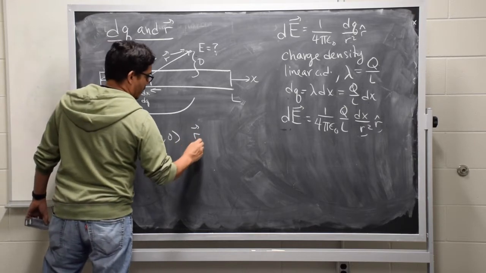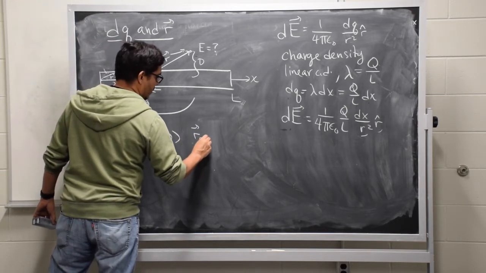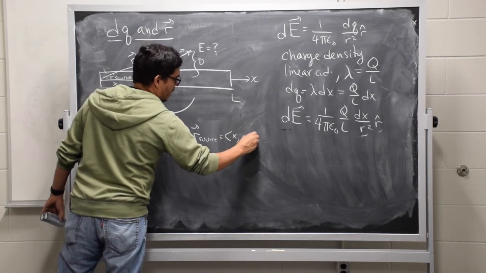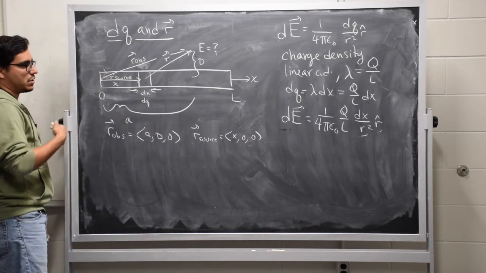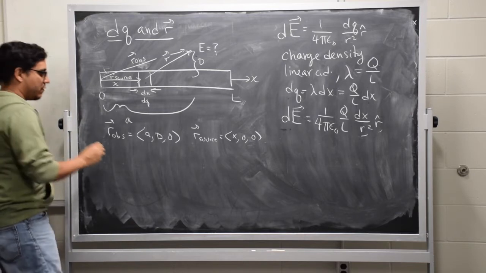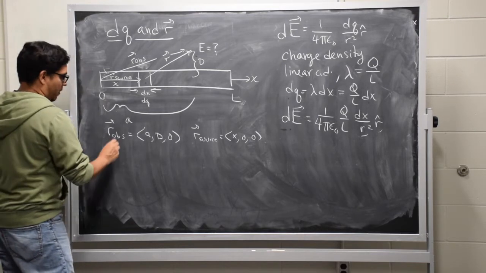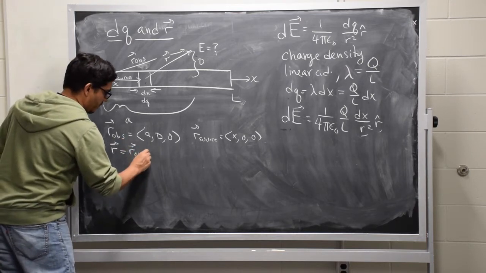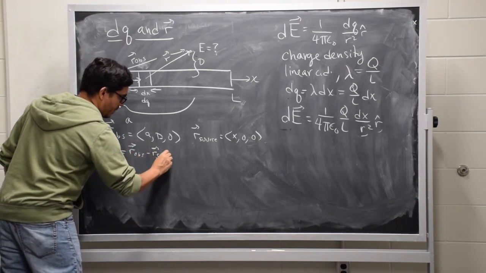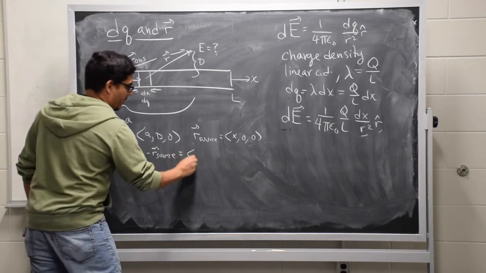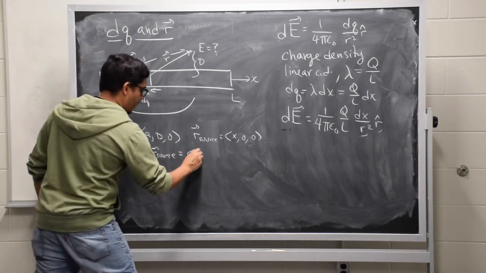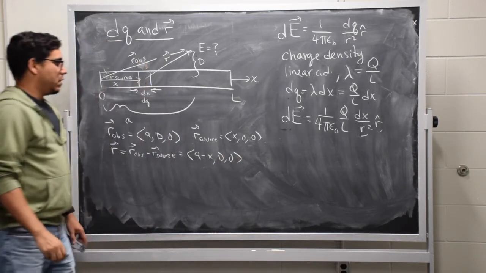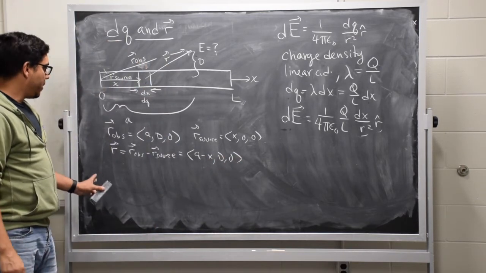And we have a source location that is in the x direction only, at a location x, which is allowed to vary. So that tells us that the separation vector r, which is always the observation minus the source location, is equal to the vector (a minus x, d, 0).